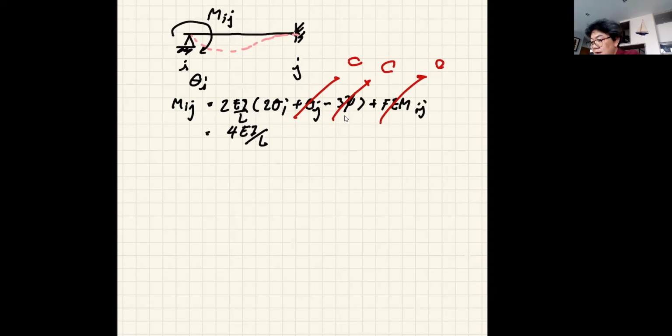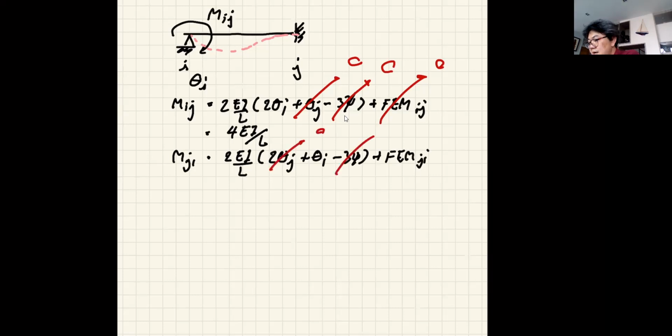And MJI now, 2EI over L, 2 zeta J plus zeta I minus 3 psi plus FEM JI. And again, zeta J is 0, psi is 0, and fixed end moment is 0.